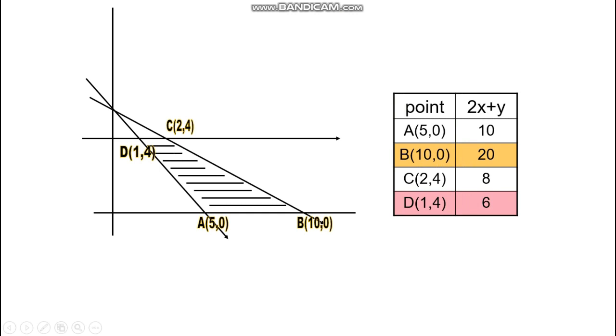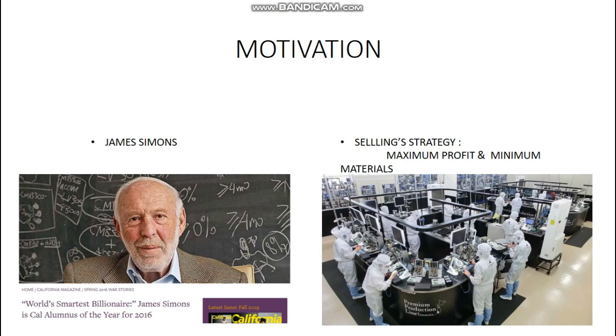Then we can substitute the corner points of the solution area into the goal function. If we substitute the corner points, we will get values, and then we can compare them so we can determine which is maximum or which is minimum.